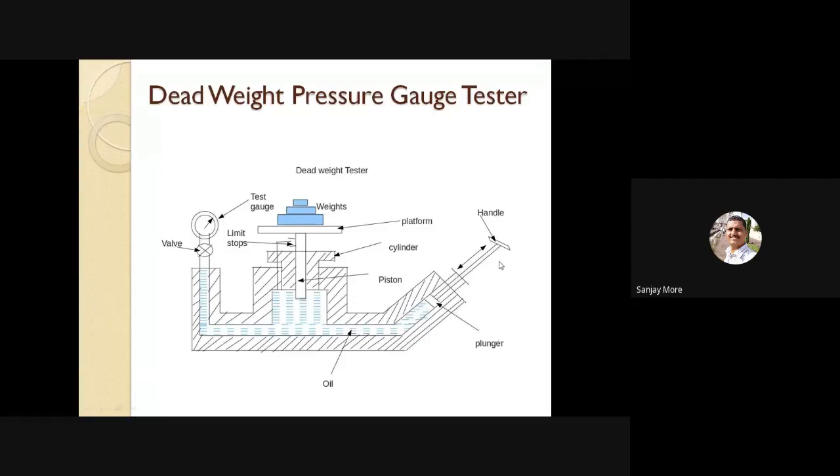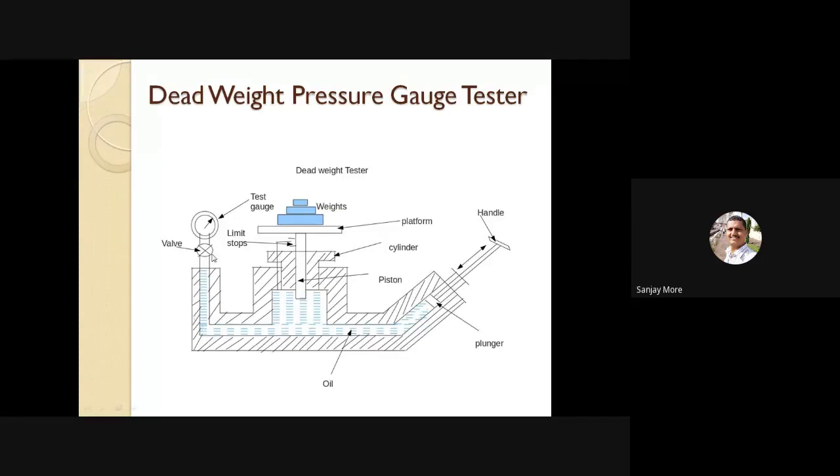This is the plunger. When you apply force on this handle, this oil gets compressed and this platform moves in the upward and downward direction. When you place some weight here and apply force on this handle, this oil or fluid gets compressed and this piston slightly moves upward, carrying this weight, and creates pressure.